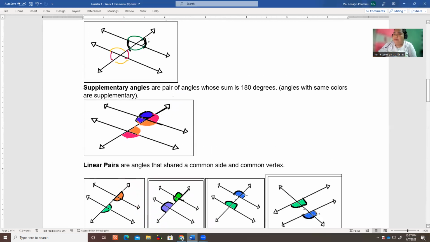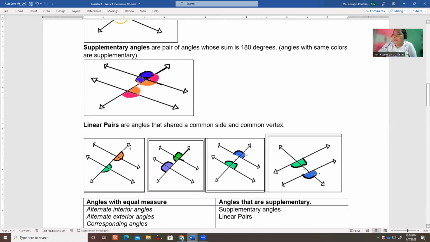And so for the supplementary angles, these are the pair of angles whose sum is 180 degrees. So angles with the same colors are complementary. Hindi ko lang siya natapos. Angles with the same colors are complementary. So here, actually, I have another technique that can be used.